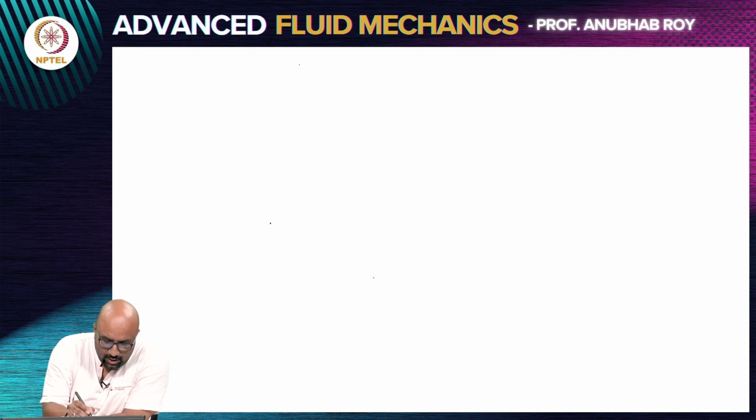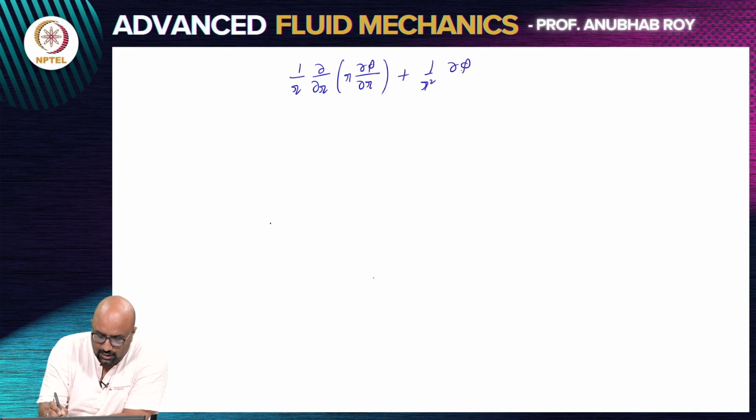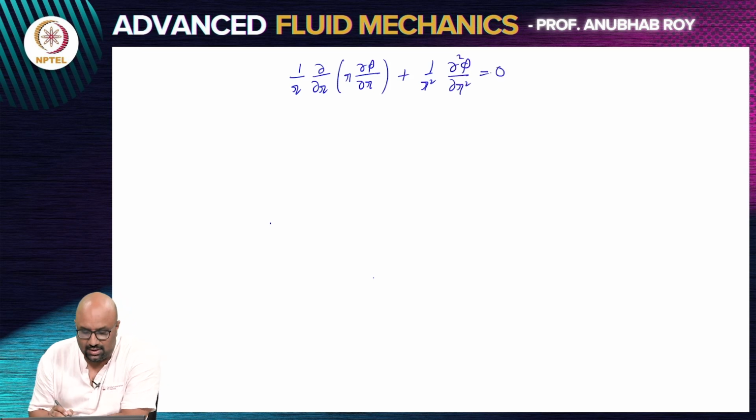We are going to look at problems in the cylindrical coordinate system, and if you were to do this using separation of variables, then the equation has this form, with the term in dou theta square.